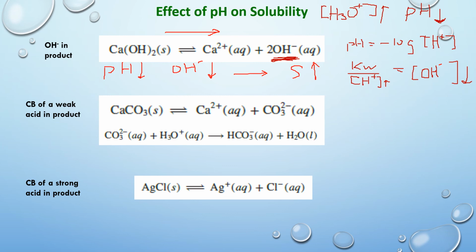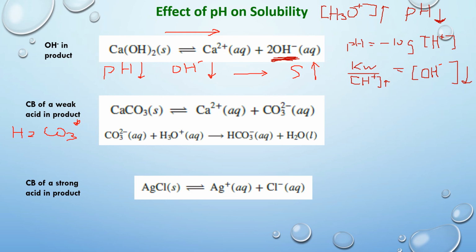Carbonate is the conjugate base of the weak acid, carbonic acid. Carbonic acid is formed when carbon dioxide in the atmosphere is dissolved in water. It's a very unstable molecule, so it's called metastable.